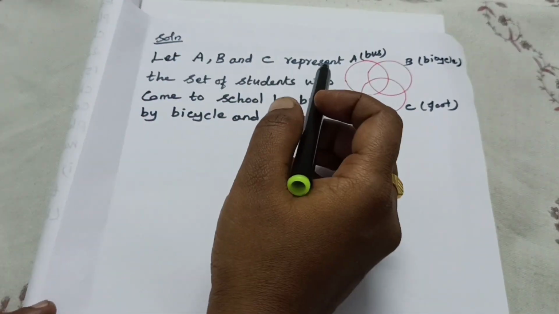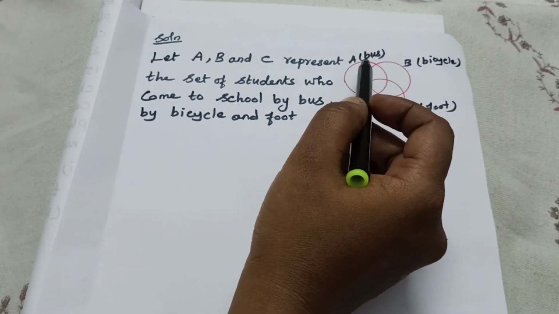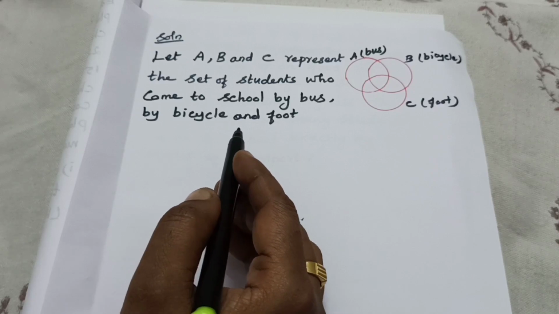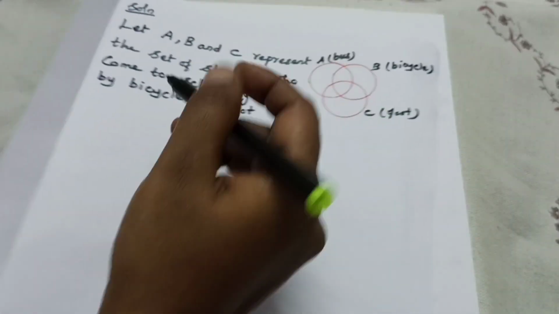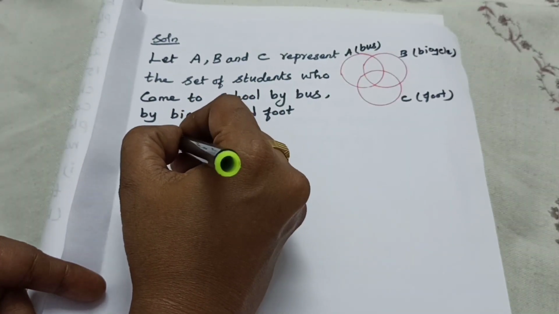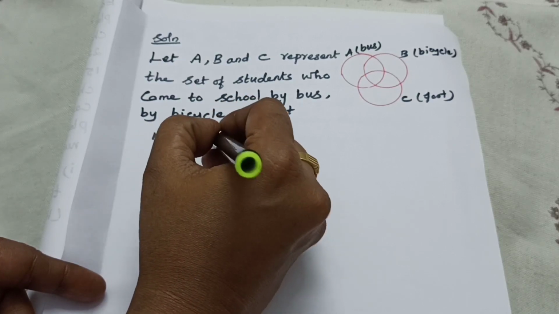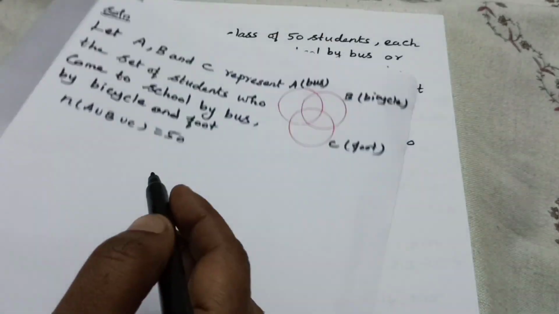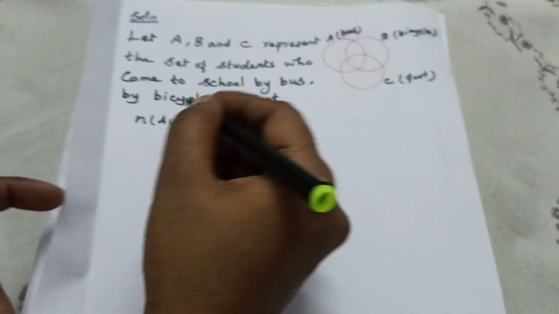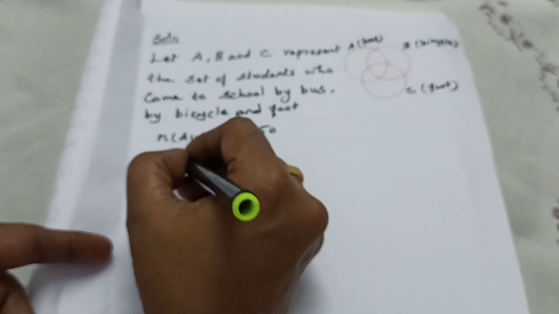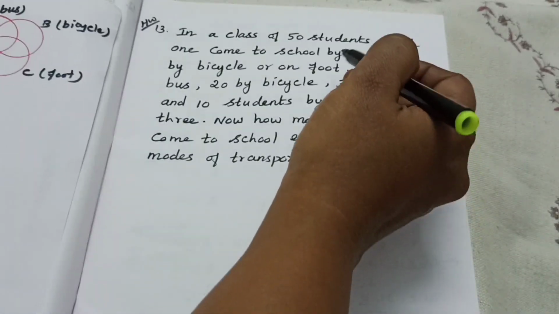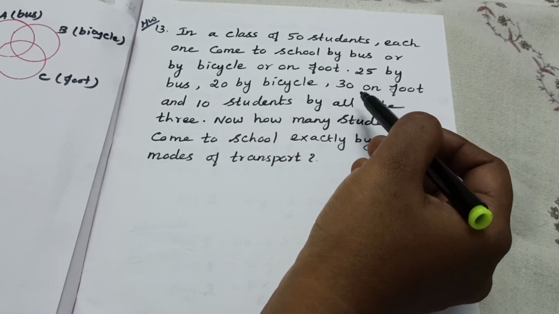Okay, so first we have to take the letters A, B, C for bus, bicycle, and foot. Here, from the question, you should write what is given. N of A union B union C is equal to the total, 50 students. In a class, 50 students are given. Then N of A is given as 25.